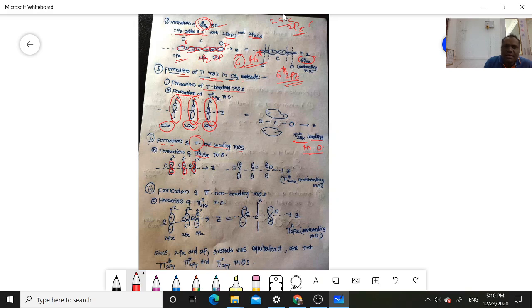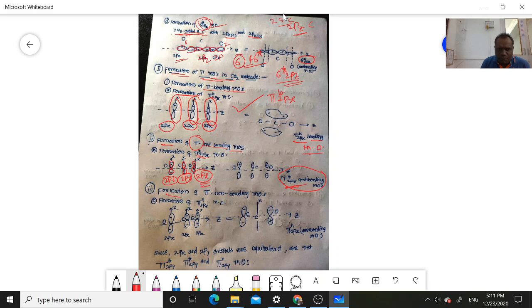This is the 2px orbital of the carbon atom, the 2px orbital of the oxygen atom, and the 2px orbital of the other oxygen atom. They form the pi star 2px antibonding molecular orbital. This was the pi 2px bonding molecular orbital, and this is the pi star 2px antibonding molecular orbital.